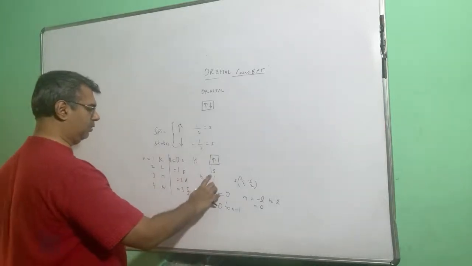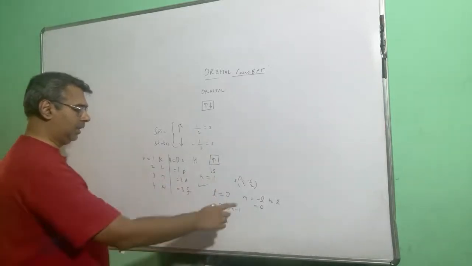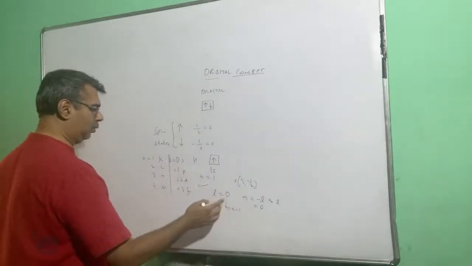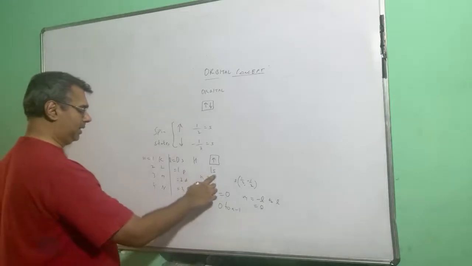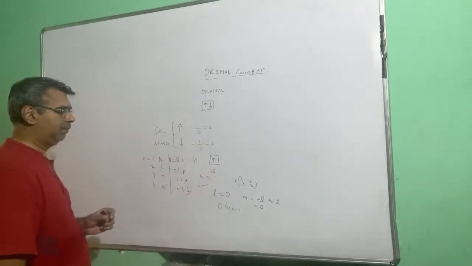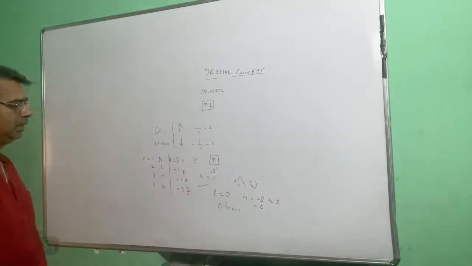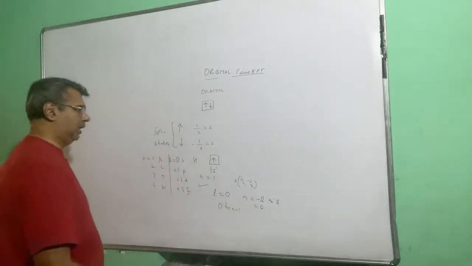So if you say 1s, the m has already been included in this. 1s is the location and there is one electron, so you write 1s1. The electronic configuration of hydrogen is 1s1.